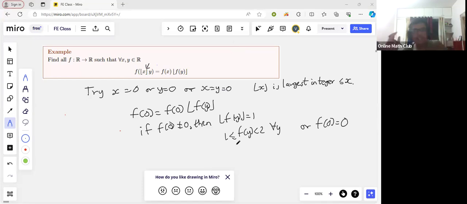So this is what we get when you put x equal to 0. So now what can we tell?